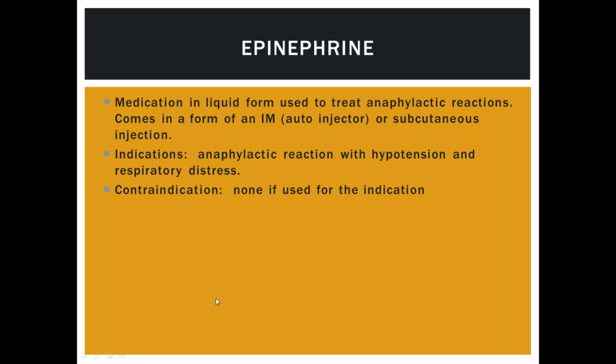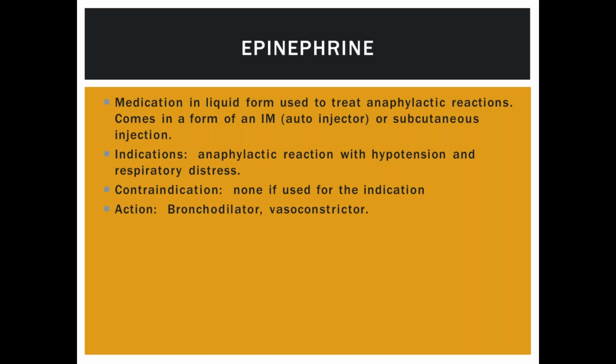Contraindications, there's none really indicated in the emergency setting. Now, you saw with a lot of our other medications, they always put in if they're allergic or known allergy. Now with epinephrine, nobody's allergic to this because this is a naturally occurring hormone within the body. Mechanism of action, it's going to be a bronchodilator and a vasoconstrictor.